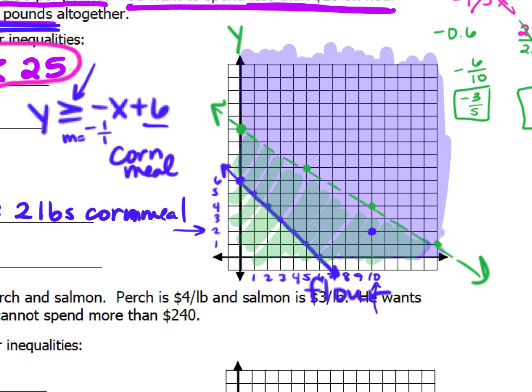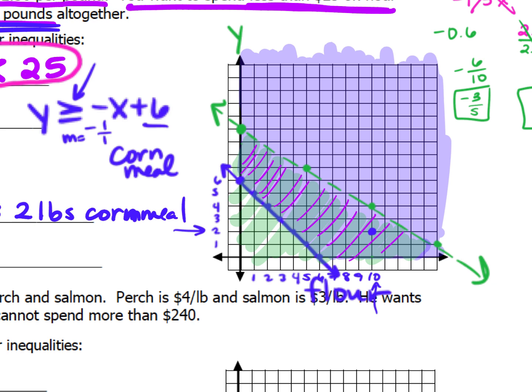Logan? What are we looking for? What's a solution with two inequalities like this? X and Y. We're looking for an X and a Y. And we're looking for the overlap, right? So it's going to be somewhere in this overlap because that's where our graphs overlap. So is there an X and a Y value that would work here?